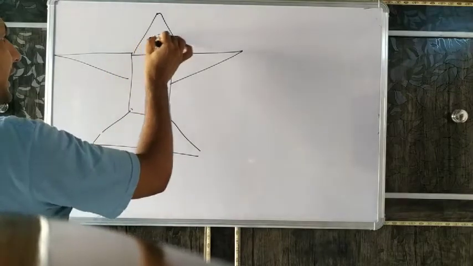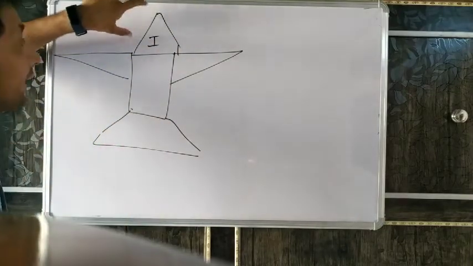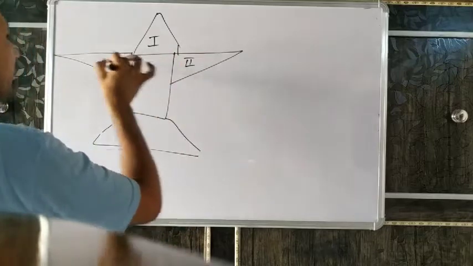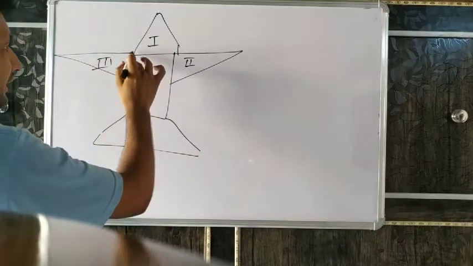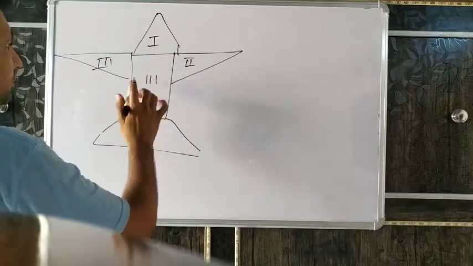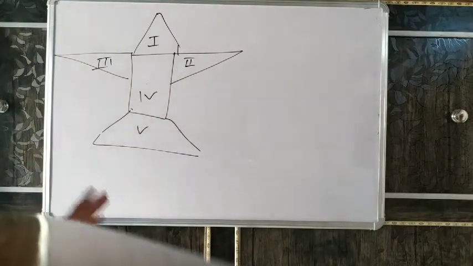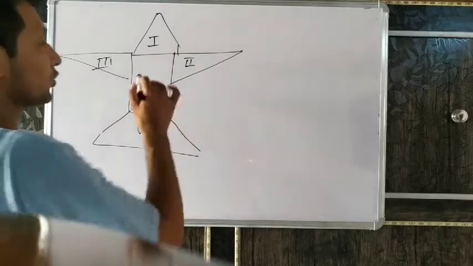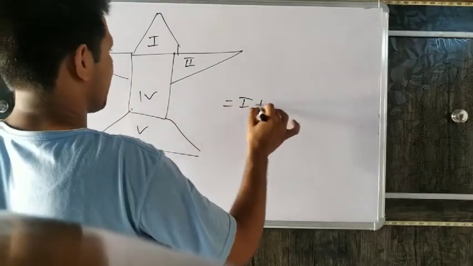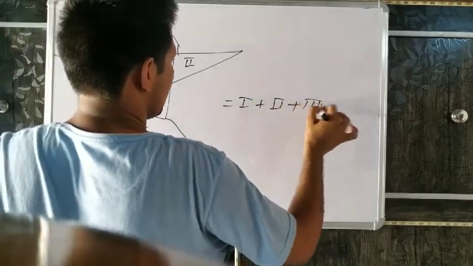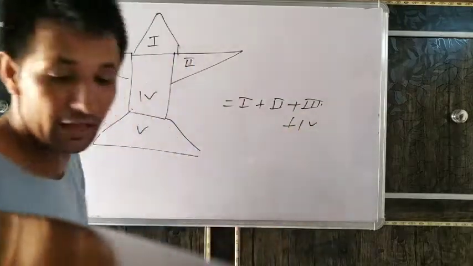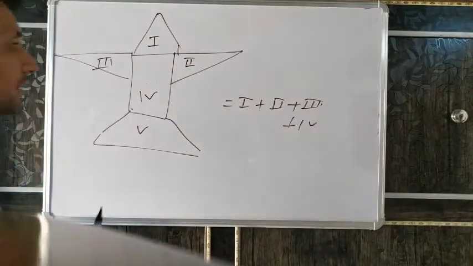So first we will find area of the first triangle, then the second triangle plus third triangle. Now the fourth part is like a rectangle. We will find area of the fourth part, and after this, area of the fifth. Like this we will add: total area of aeroplane is first plus second plus third plus fourth plus fifth. Understand?